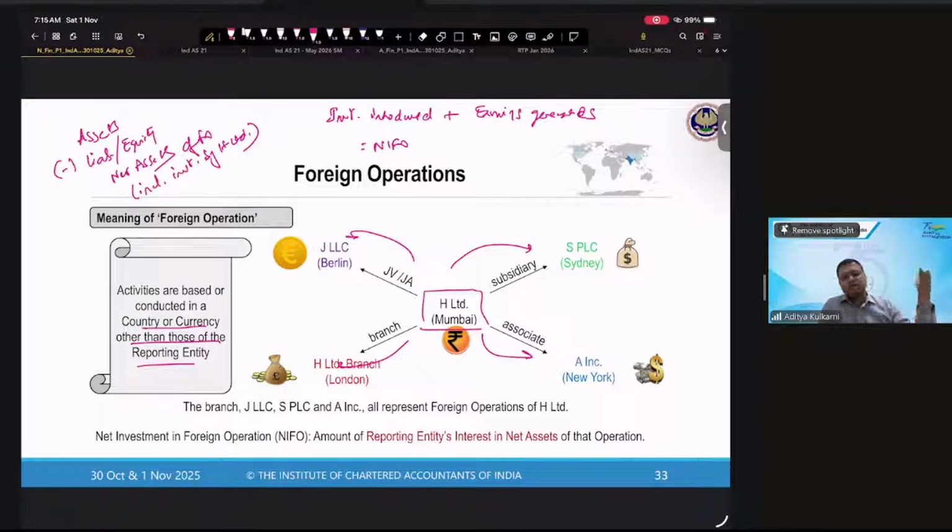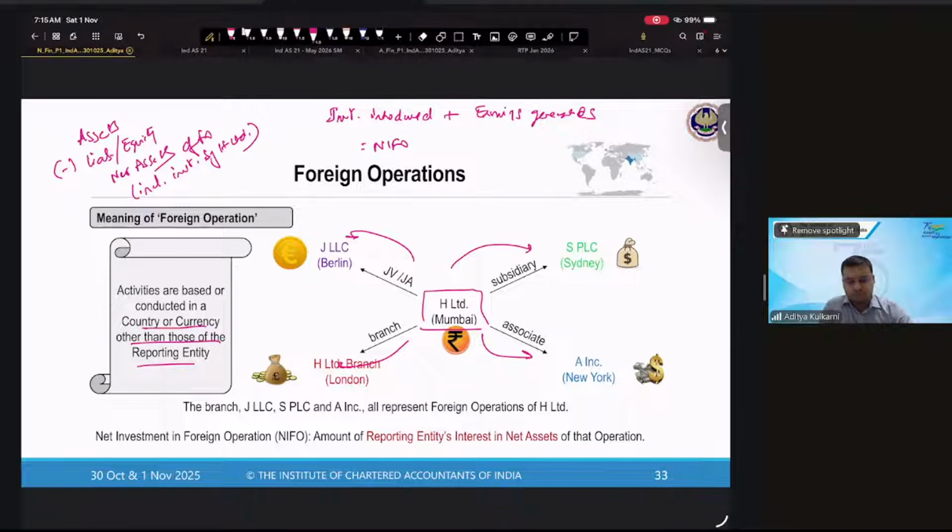Then it carries out certain operations by virtue of which the foreign operation will have to collect money from its receivables or realize the assets, and it has to also pay the money to its vendors, to its capex vendors, etc. So from a net perspective, I am not only making a cash investment, I am also having an interest in the net assets of the foreign operation.